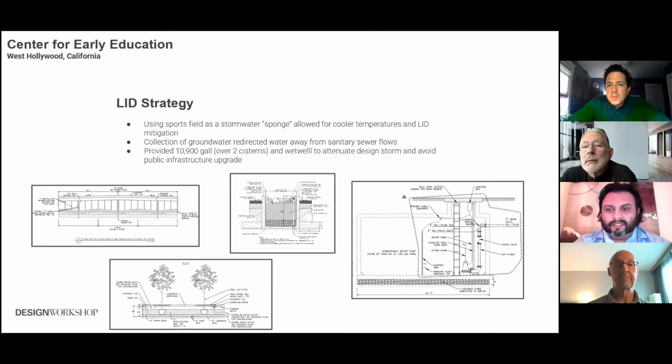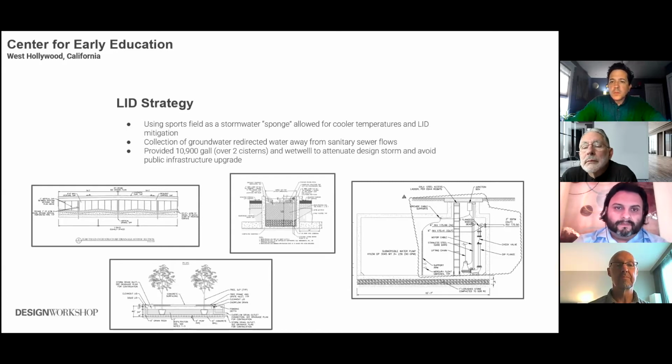So really eliminating the need for pipes, but at the same time, the fact that water is running through those layers provides a cooling effect for that surface when students are playing in the area.